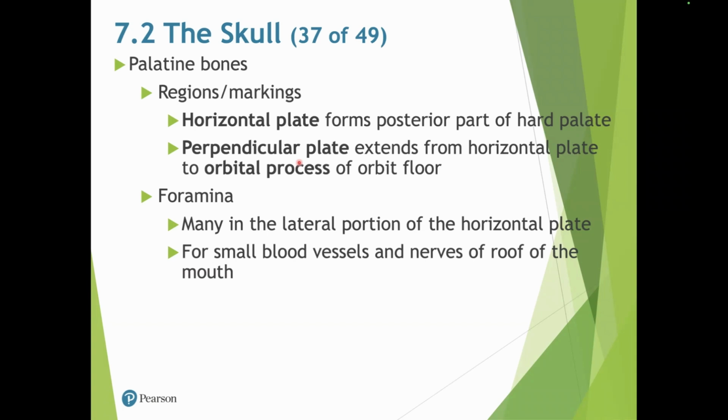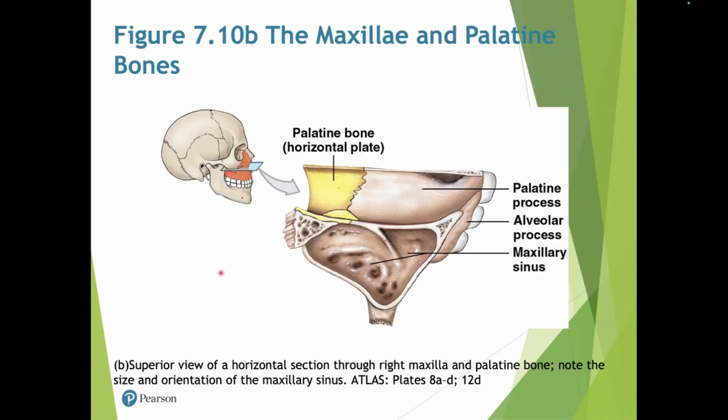A little bit hard to find that with your tongue, but I'll find it in a picture for you. If I try to do that, it just tickles so hard it makes me want to sneeze, and I won't find it. So, the foramina that are going to be found, there are going to be many in the lateral portion of the horizontal plate. The purpose is for small blood vessels and nerves of the roof of the mouth.